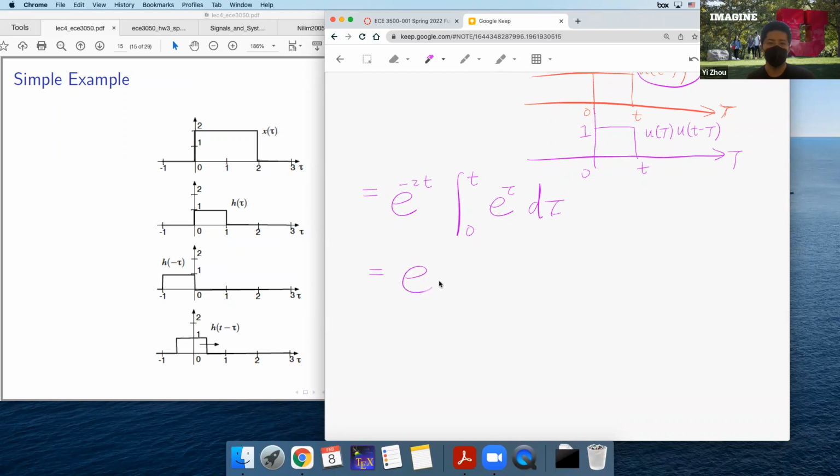So this is e negative t. Okay, now remember t is a given number. Tau is the integration variable. So by the integration rule, we have e t minus e, and this is just 1. So we end up with e negative t minus e negative 2t.